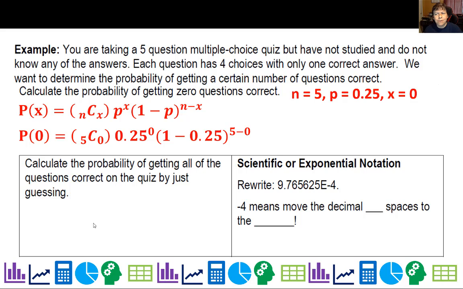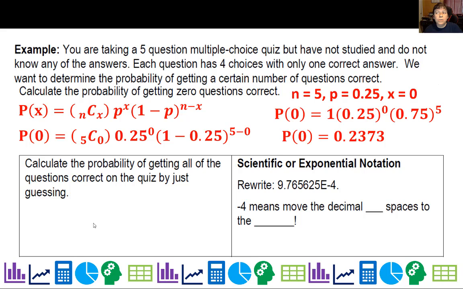Very unlucky kid here, all right? And then we do 1 minus P, which is 0.25, 1 minus 0.25, 0.75 to the 5th. And what do we get? We get 0.2373. So we would expect about 24% of the kids to get nothing right if they were guessing on a 5-question multiple choice test.